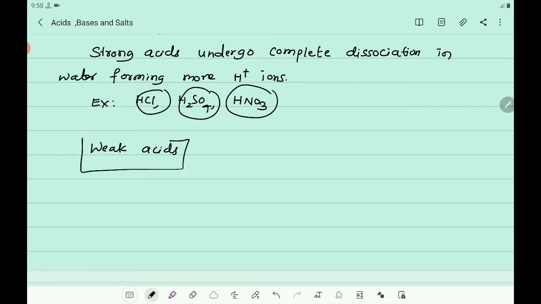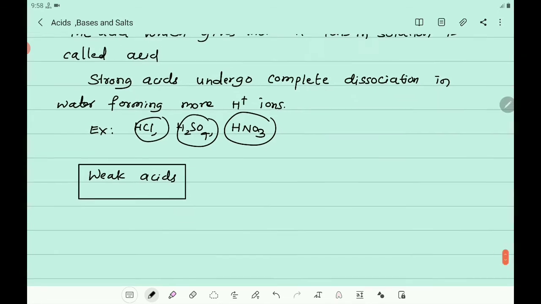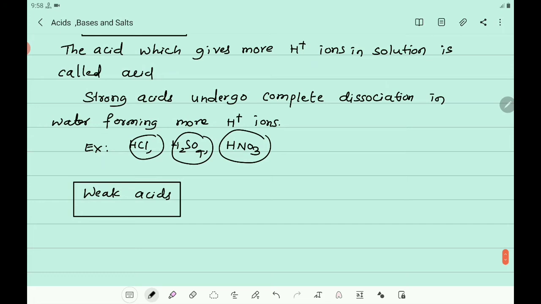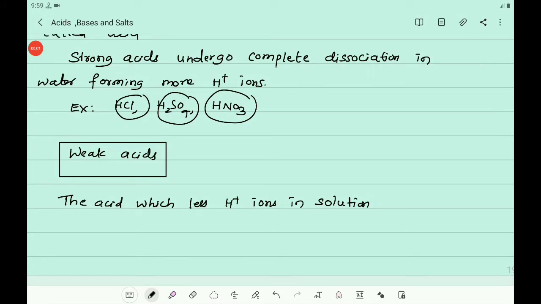So write: the acid which gives fewer H plus ions in solution is called a weak acid.